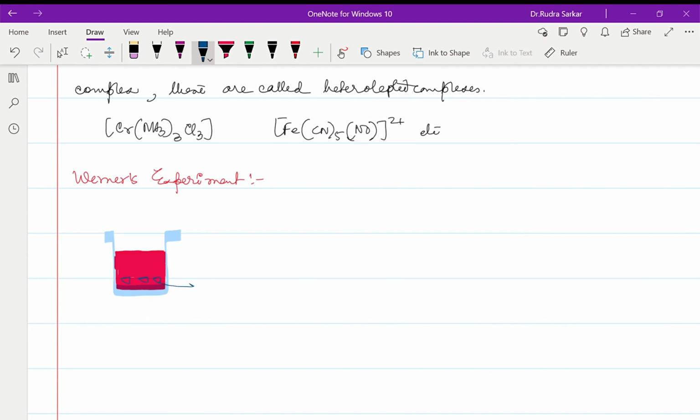From here we are getting violet crystals initially at the very beginning.